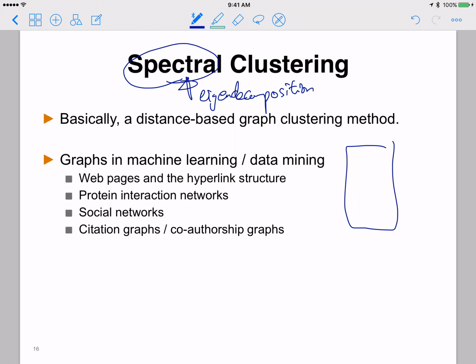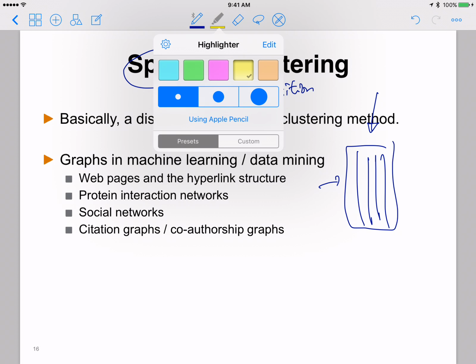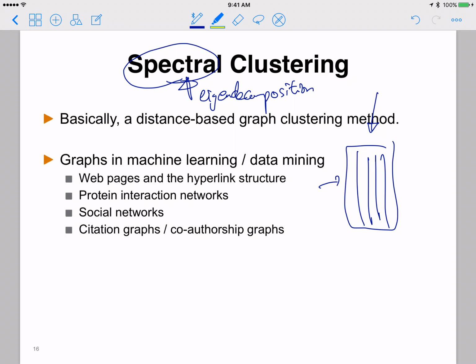In one type of input to our clustering algorithms, the feature vector representation, each column is one data item and each row is one feature or one dimension. But now we can think about an alternative form of input where we have a square matrix.